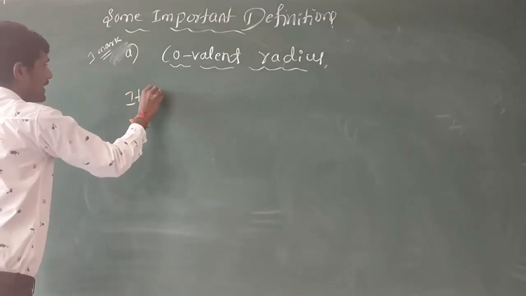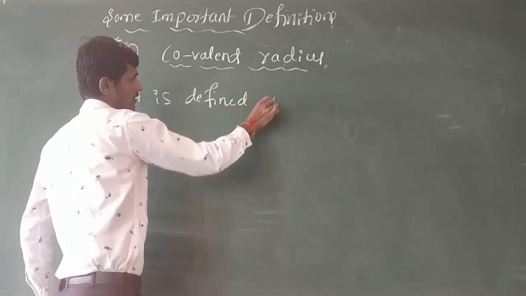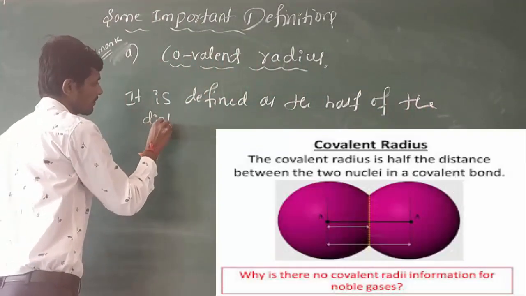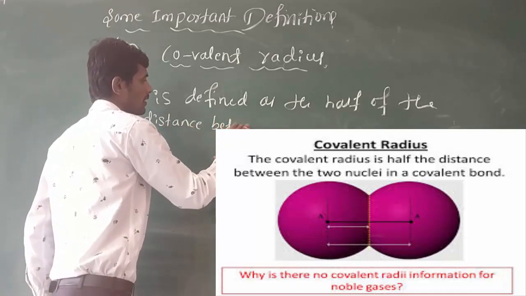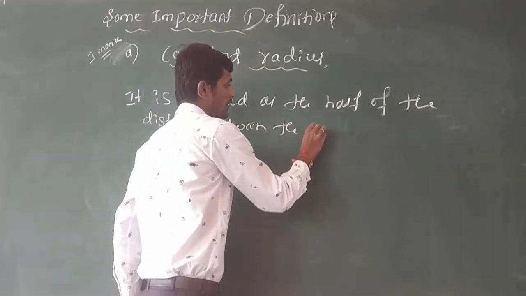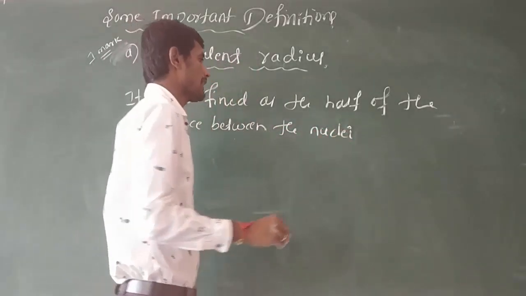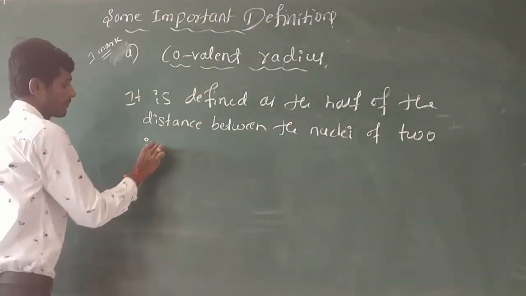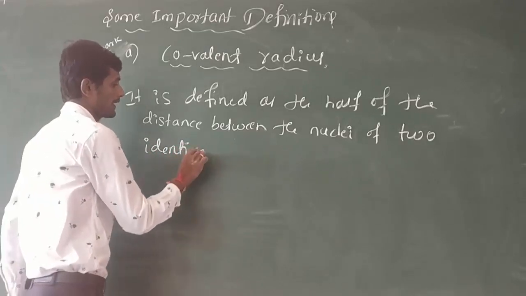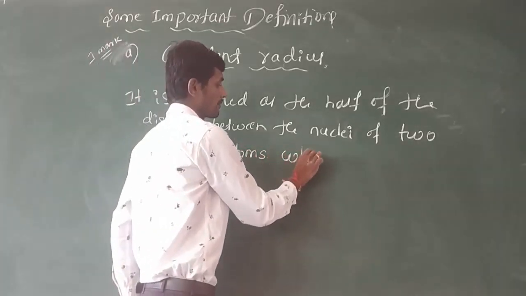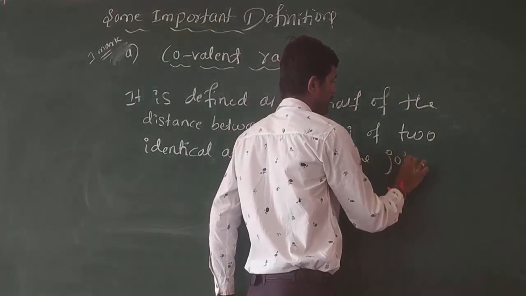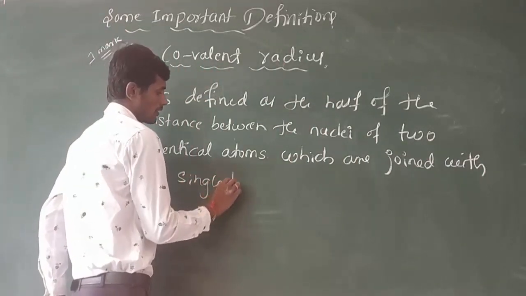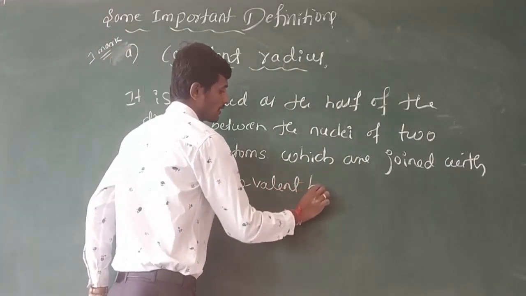Covalent radius is defined as the half of the distance between the nuclei of two identical atoms which are joined with a single covalent bond.